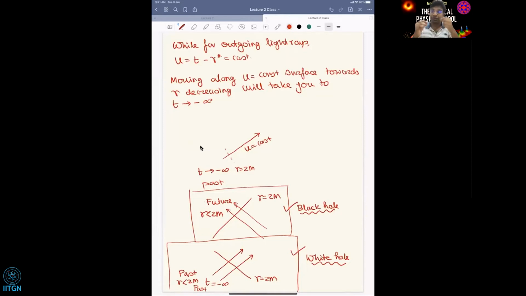Of course, the next question we will ask is, null geodesics are fine, but can you use more analytic continuation? For example, if I use space-like geodesics, of course, space-like geodesics are not physical, but I can always use them mathematically. The question is, do I discover any new region? And that is the aim of the Kruskal coordinates and what is called the maximum analytic continuation of the Schwarzschild manifold.